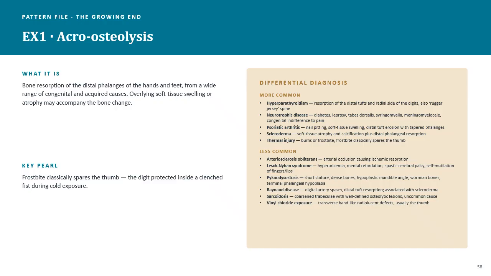So the main takeaway when we're talking about acrosteolysis is that it means there's some type of loss of bone at the ends of the fingers or at the ends of the patient's toes. If we're seeing this pattern, it has to be coupled with some type of patient history, in addition to the findings that they're seeing on the imaging.